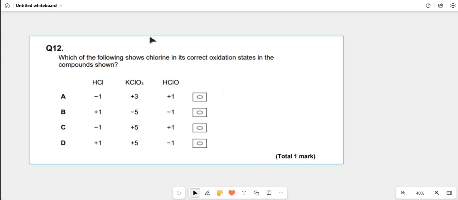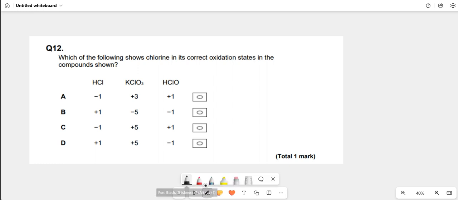Question 12. Which of the following shows chlorine in its correct oxidation state? So just find each one in it. Nearly done, by the way. I think there's only 14 questions or something. So basically, HClO4: O is -1, +1. O3 is going to be -2, so that's -6.